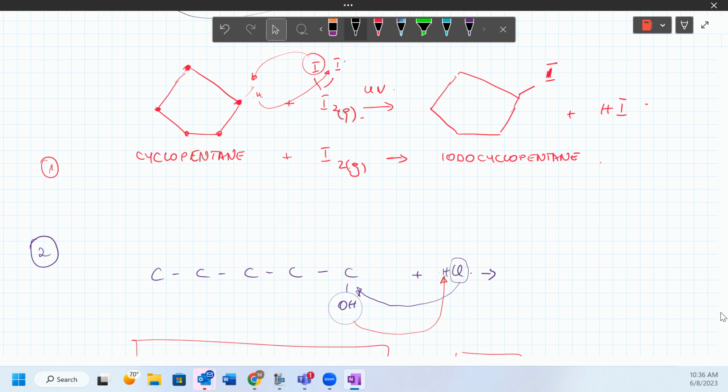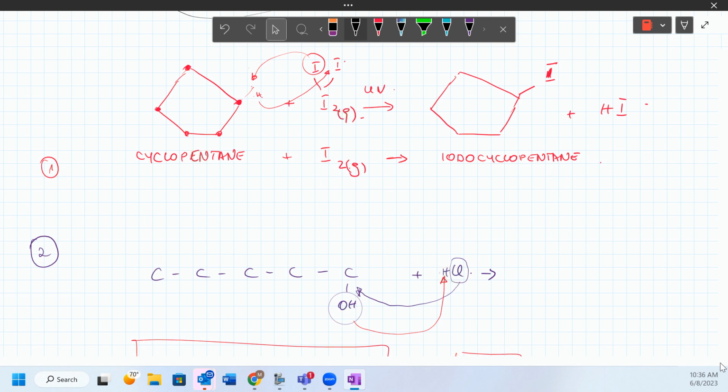Then the second one is when an alcohol is reacting with an HX, and when we have the OH present that is forming the alcohol. So OH is kicking out one of the hydrogens and then it's forming an alcohol.